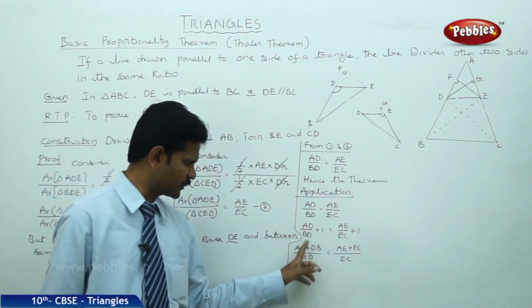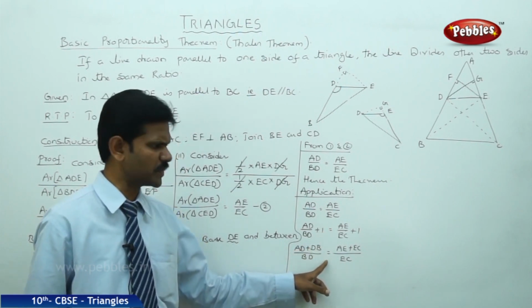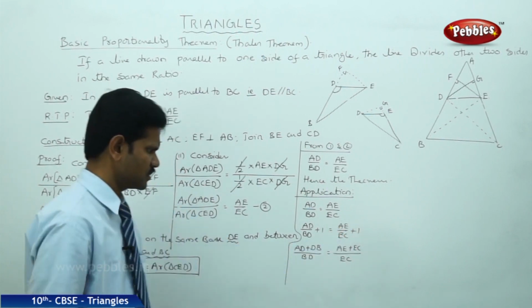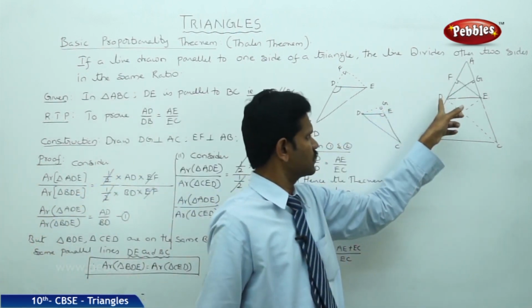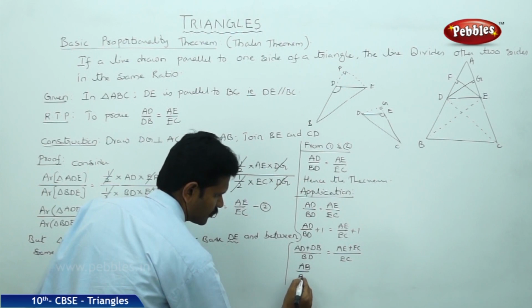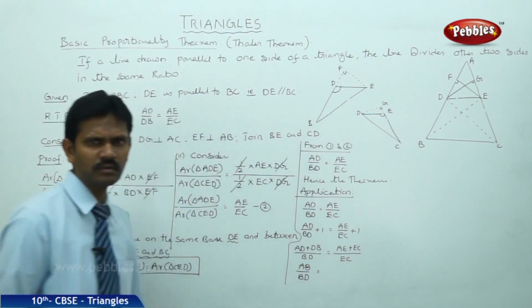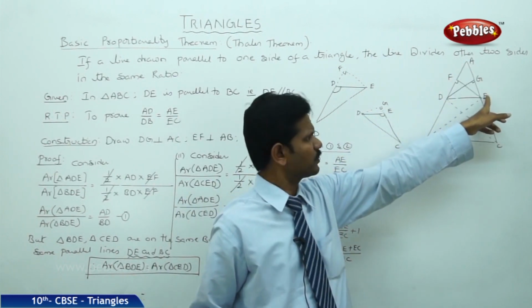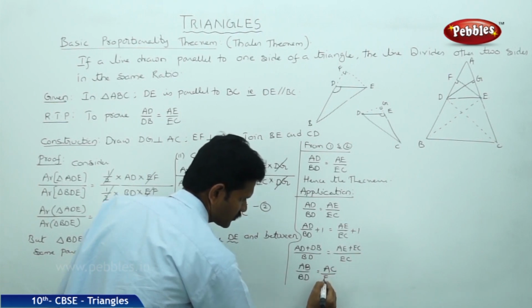That is AD plus BD into 1, BD or DB by BD is equal to, similarly LCM is EC, AE plus EC into 1 by EC. That is AD plus DB, from the diagram, AD plus DB is AB by BD, which is equal to AE plus EC, that is nothing but AC by EC.